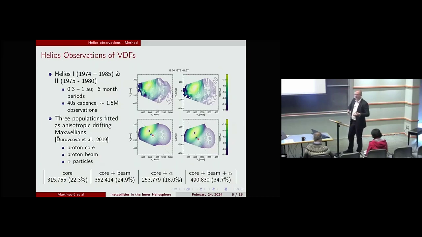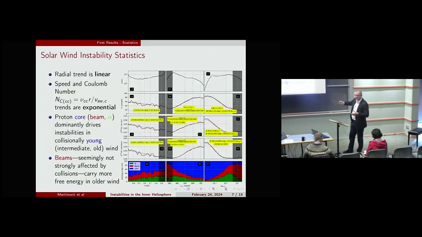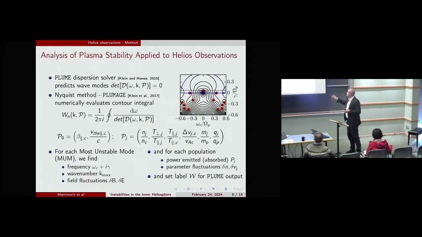And there are also the alpha particles on top of that. So the entire analysis that I went through now is done considering the linear stability for a VDF, which is a sum of these three components.